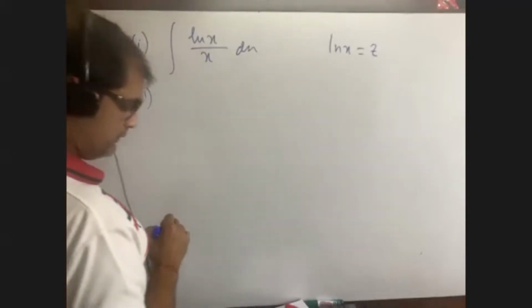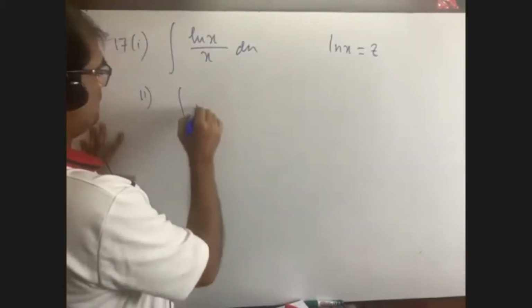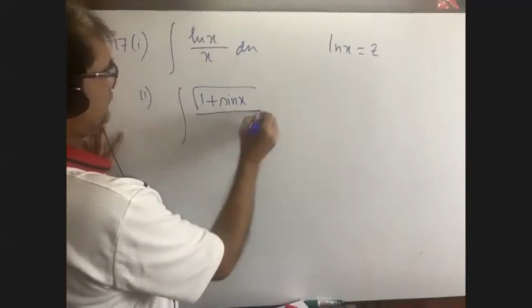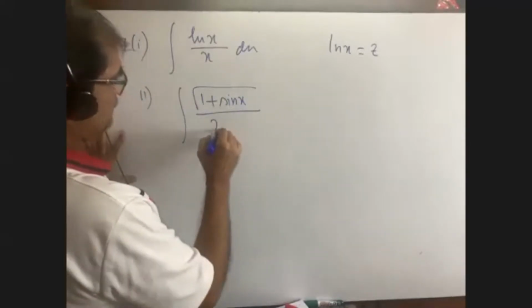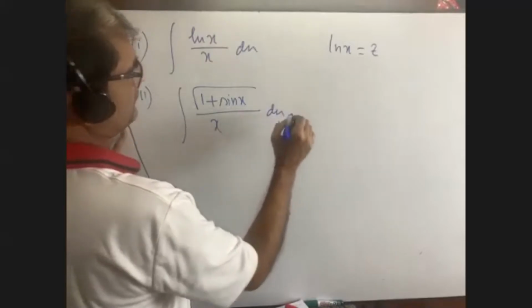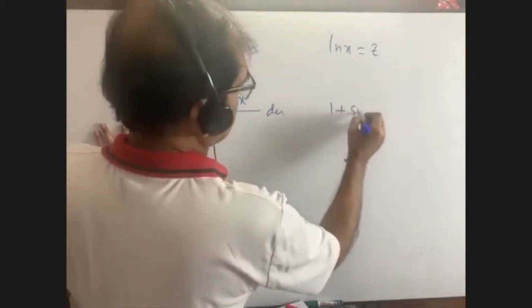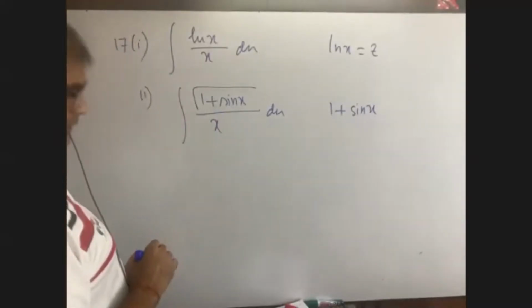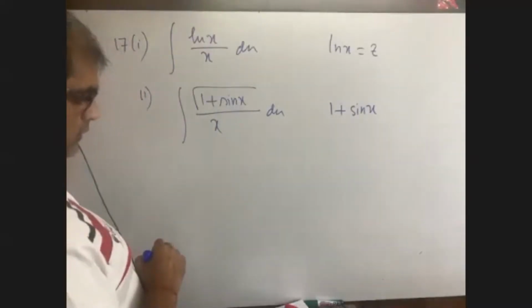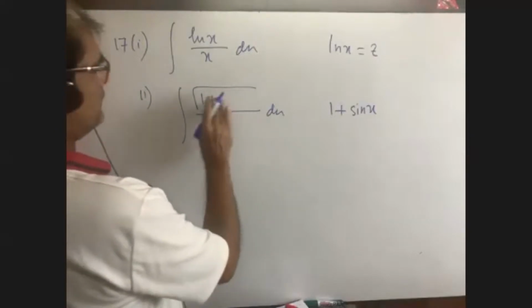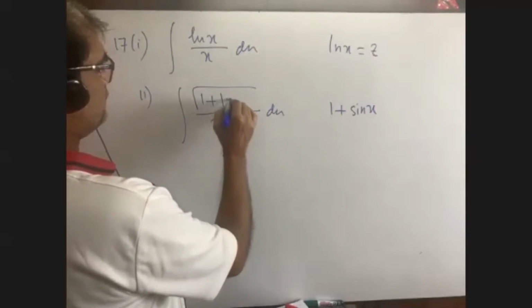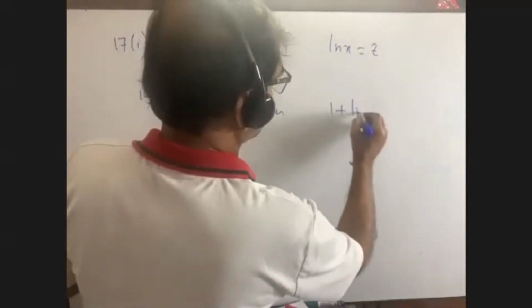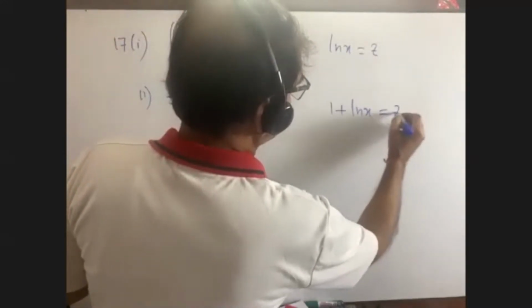Number 2: root over 1 plus ln x by x dx; here 1 plus ln x will be taken as z.